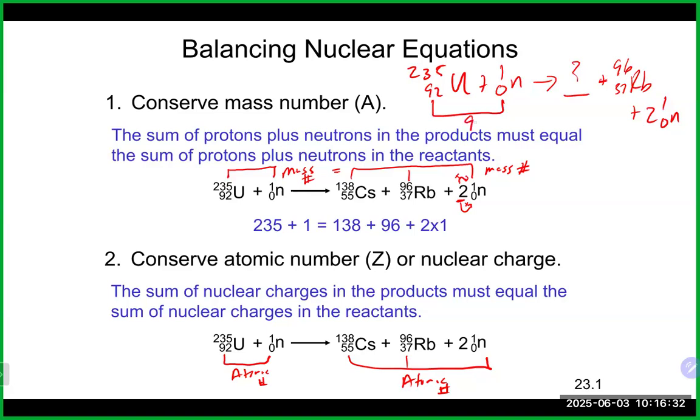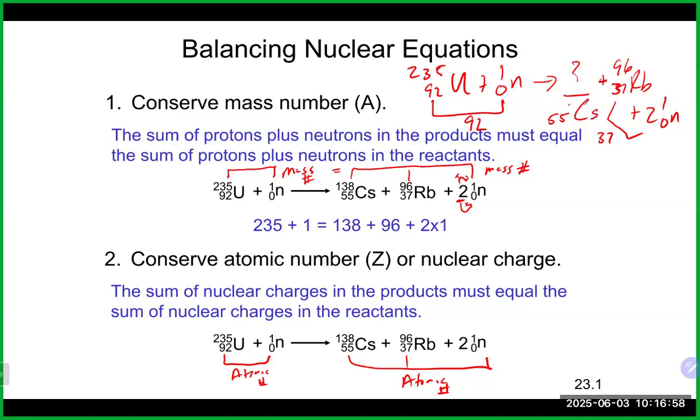On the left-hand side, we have 92. On the right-hand side, we have 37 and 0. To get to 92 on the right-hand side, 92 minus 37 gives us our missing atomic number, which is 55. We would go to the periodic table, find number 55, and that is cesium.